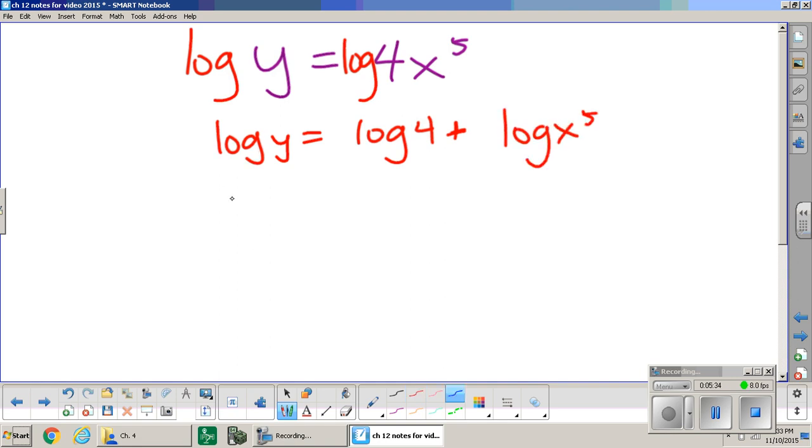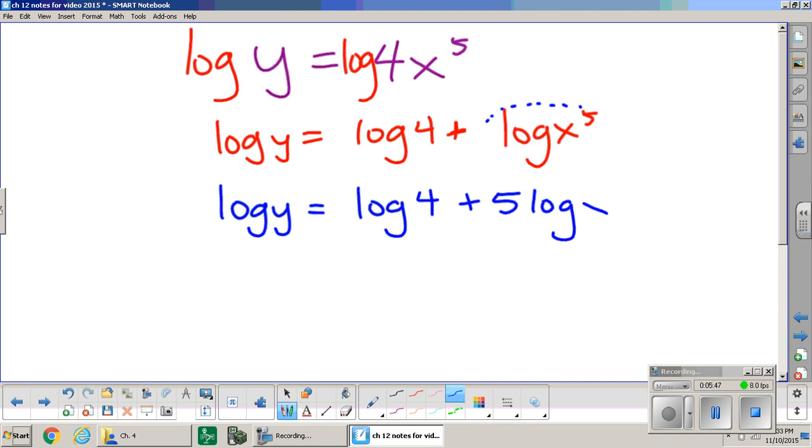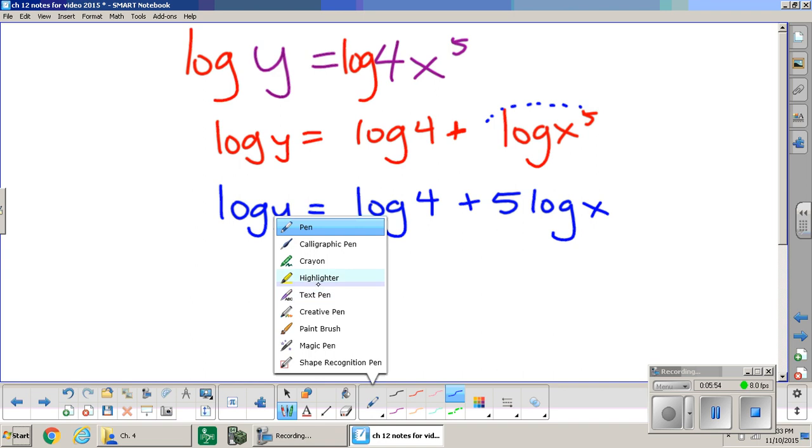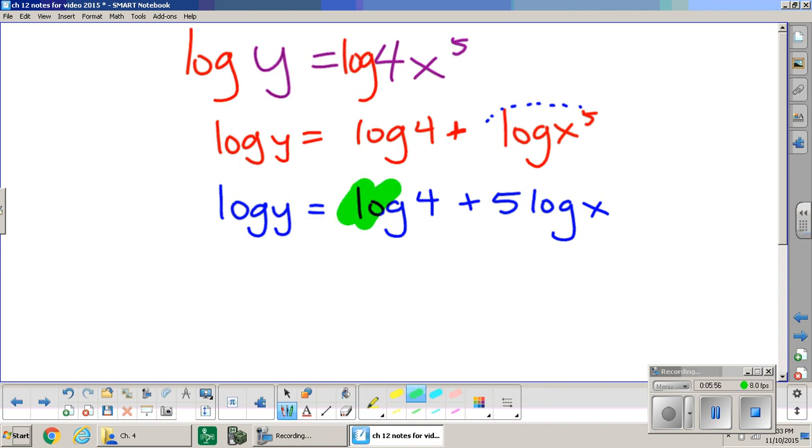Then showing your work, next step, log y equals log 4 plus, move that 5 out front, so 5 log x. And if this was pre-calc, we would leave it just like that, but we don't want decimals. We don't want to leave all these logs as numbers. So like log 4, get that decimal. Log x, you can't do anything with log x, it stays. Log y, it stays. So grab your calculator.